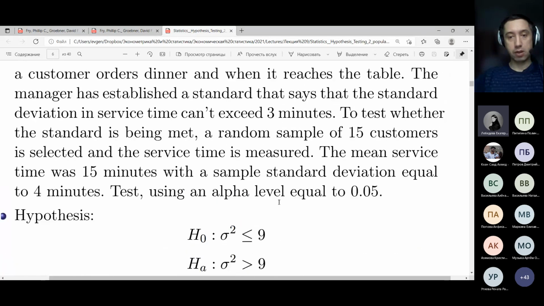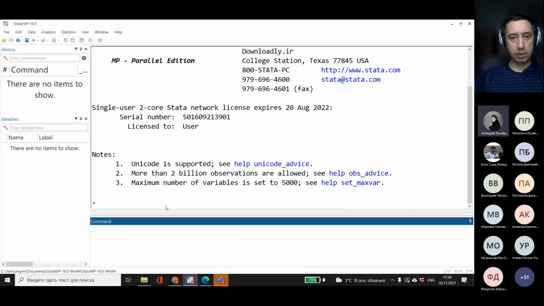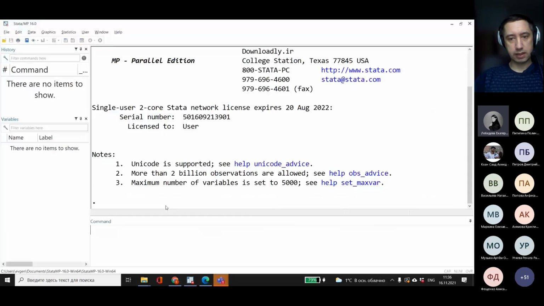All right, how to solve this exercise using Stata? Now, everyone, please open Stata. Let's do this exercise with Stata.